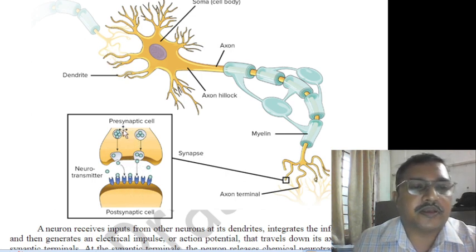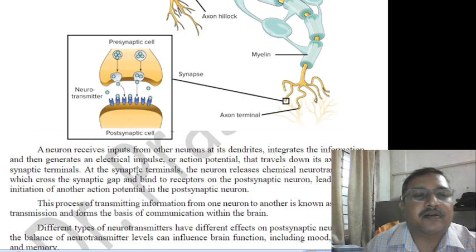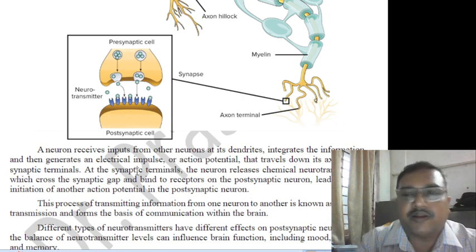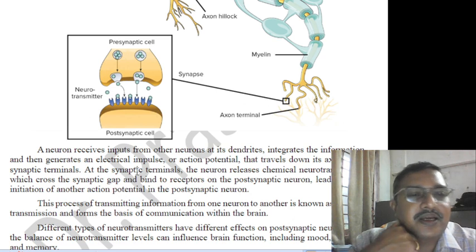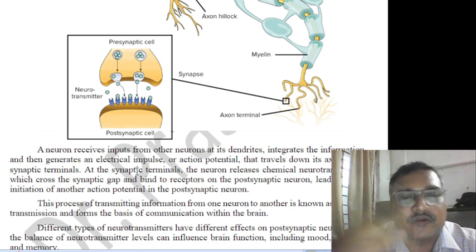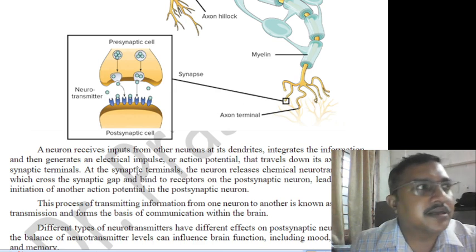From the presynaptic cell to the postsynaptic cell, there is a movement of neurotransmitter. This is called the firing. From here it will fire the information, based on whatever information we want to pass, and it continues from one neuron to the next neuron to the next neuron. So many neurons are interconnected.